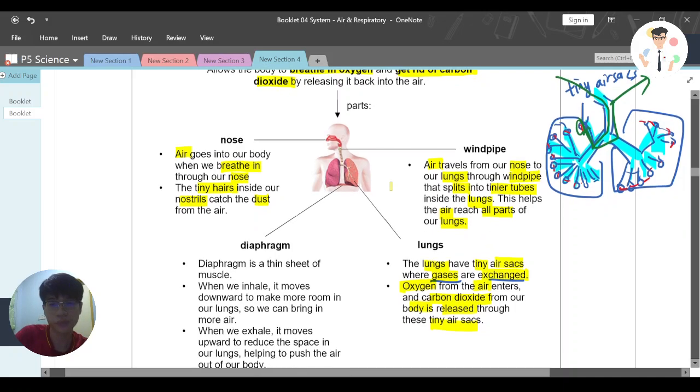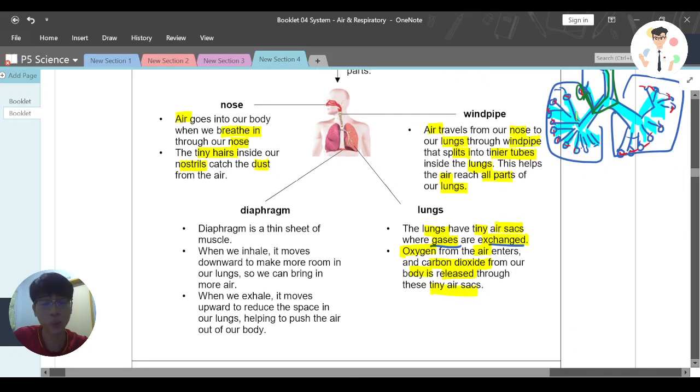Again, this is working with the circulatory system. And other than these three, we have something that is not as common, the diaphragm. The diaphragm is a thin sheet of muscle that you can see here, and it moves when we inhale and exhale.